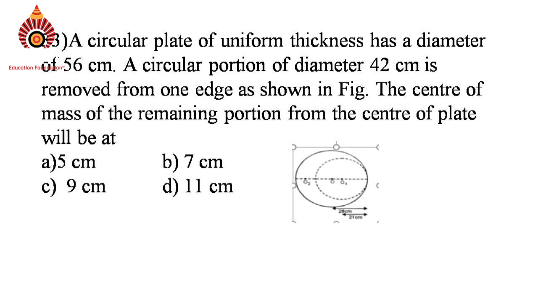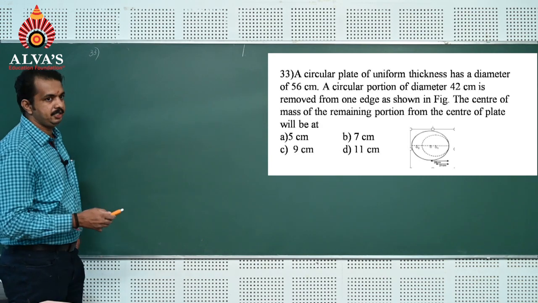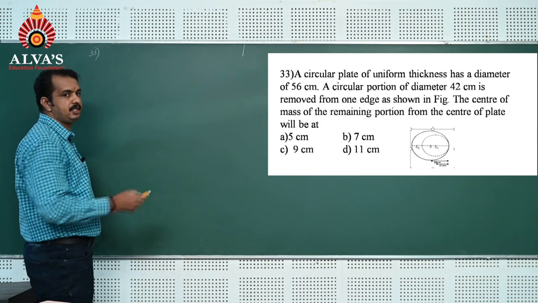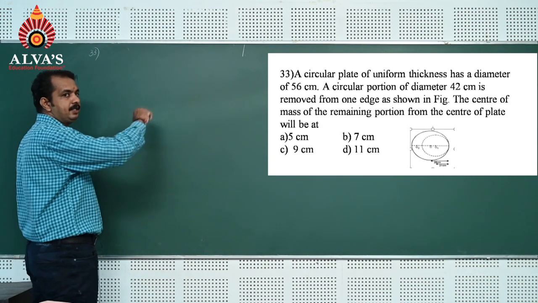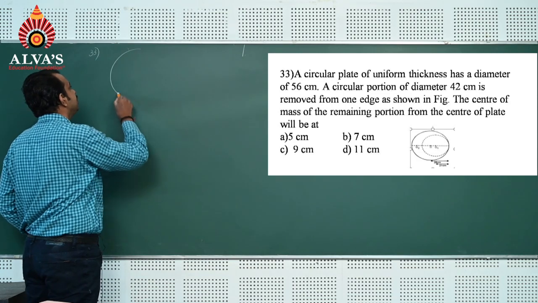Question number 33. A circular plate of uniform thickness has a diameter of 56 centimeter. A circular portion of diameter 42 centimeter is removed from one edge as shown in the figure. The center of mass of the remaining portion will be at what distance from the center of the plate? Consider a circular plate of diameter 56 centimeter.